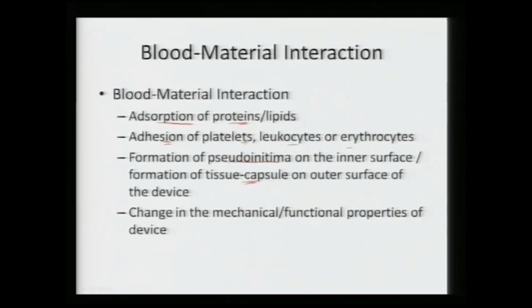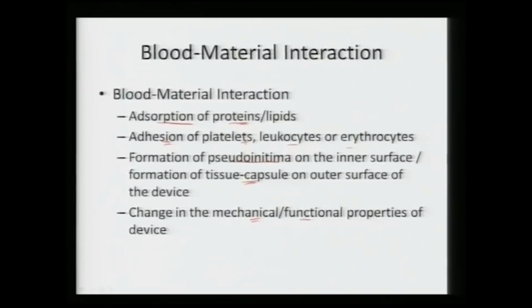Once this process has taken place, it can change the mechanical or functional properties of the device. It can be beneficial, or it might be deleterious, but this is what happens in the bloodstream after the material in contact with the blood has been implanted.